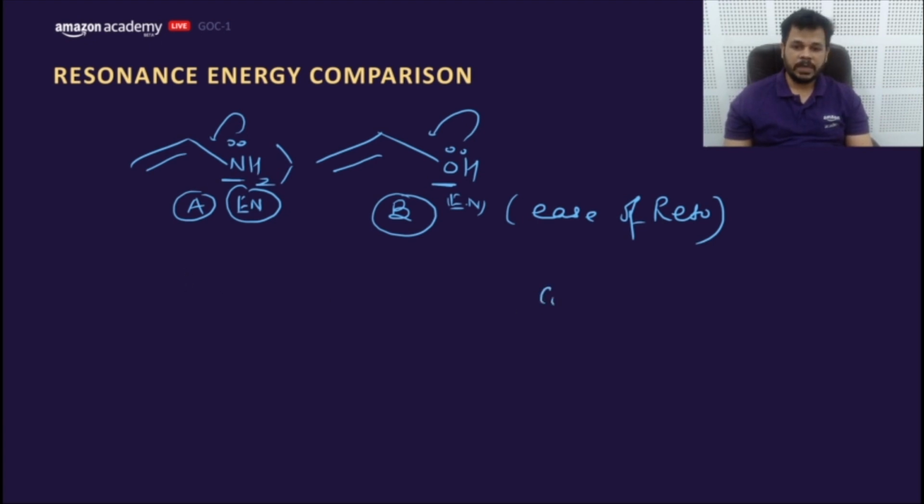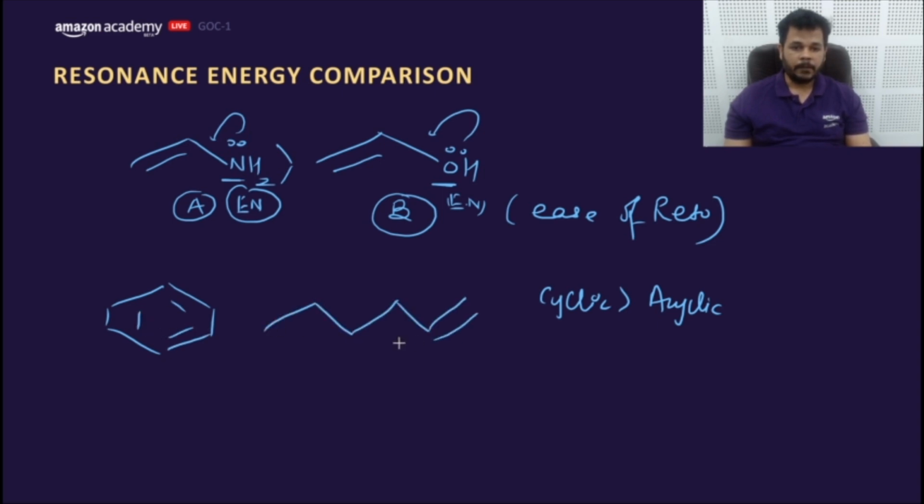Next concept is that cyclic resonance is better than acyclic resonance. Why is cyclic resonance better? Because in cyclic resonance, there would not be bond flipping. Here it can flip. If it can flip, the p orbital will come in plane sometimes, and it would not be in plane at another moment.